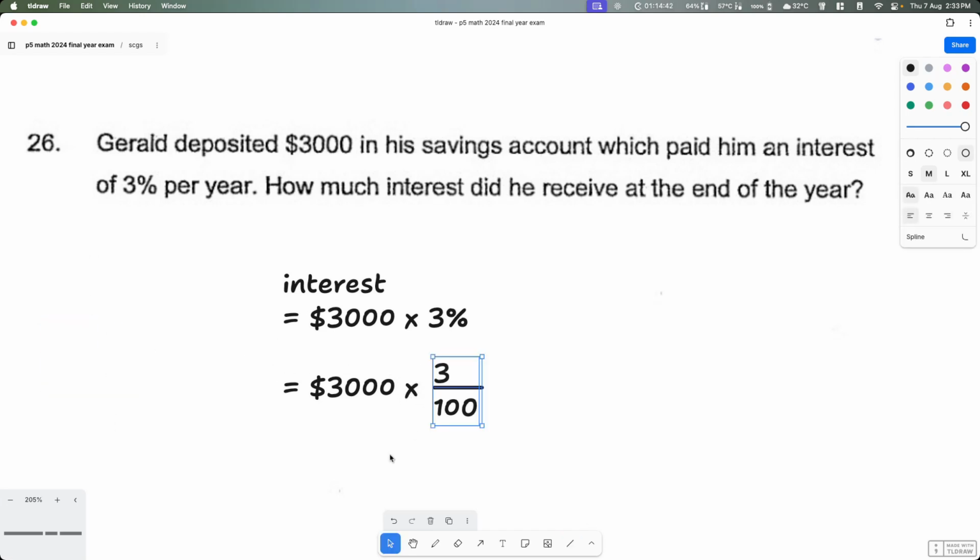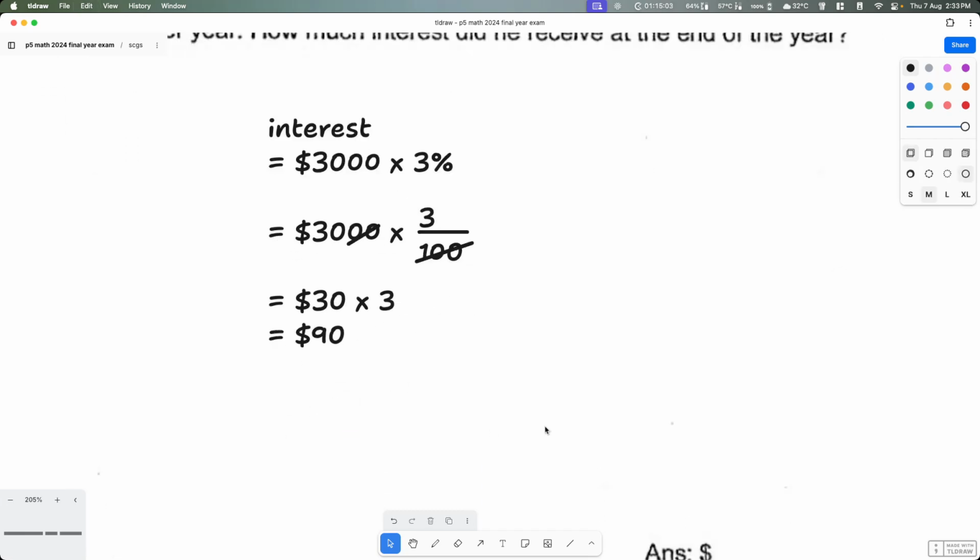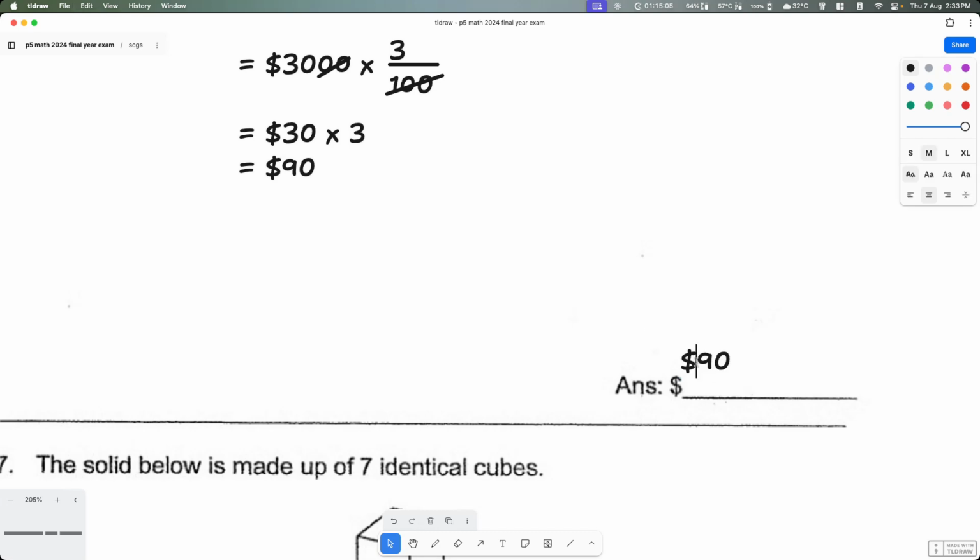Then we just cancel these two zeros and these two zeros. This will become dollars 3 times 3, which will then become $90. And the answer is $90. No need for the dollar sign because they added it for us.